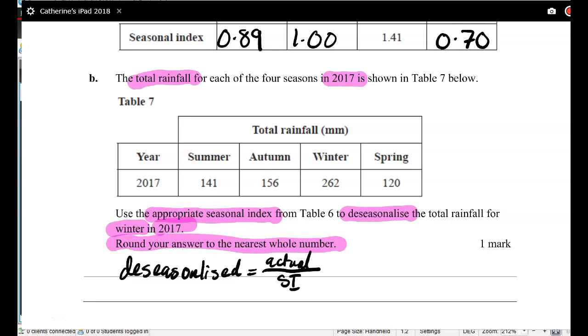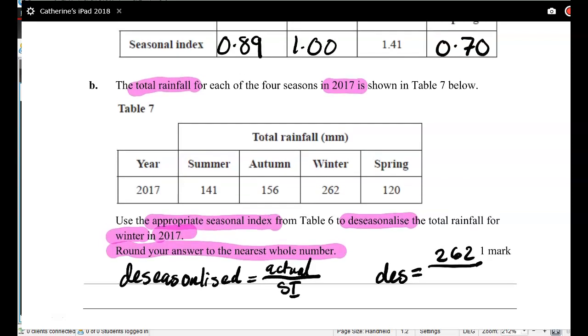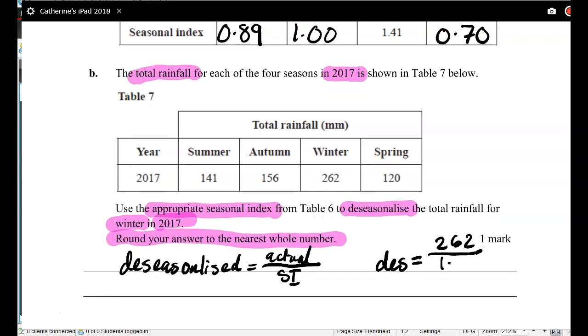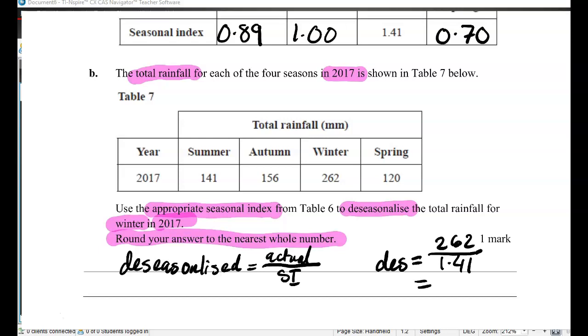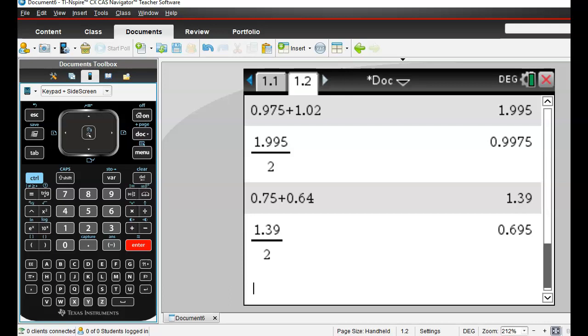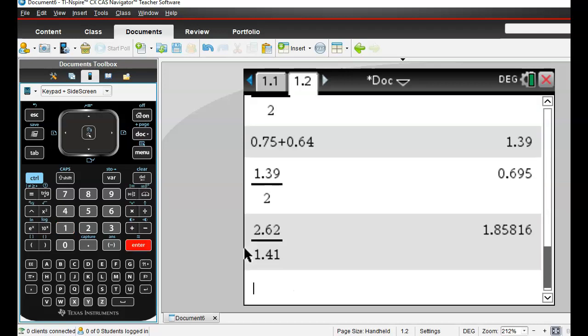So here the actual for winter was 262. The seasonal index was 1.41. So bringing that up, 2.62 divided by 1.41 equals.